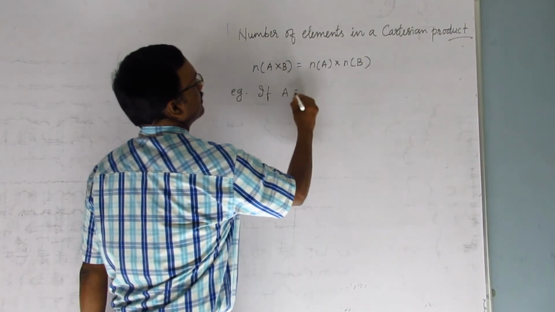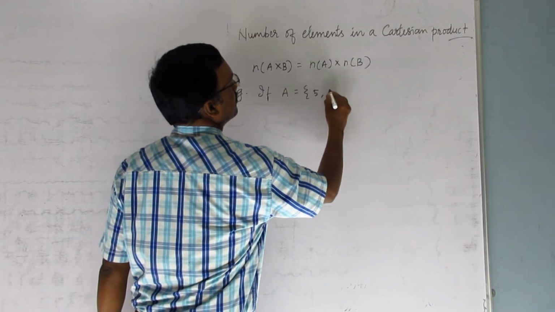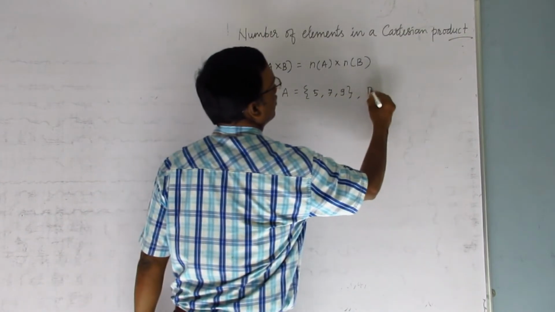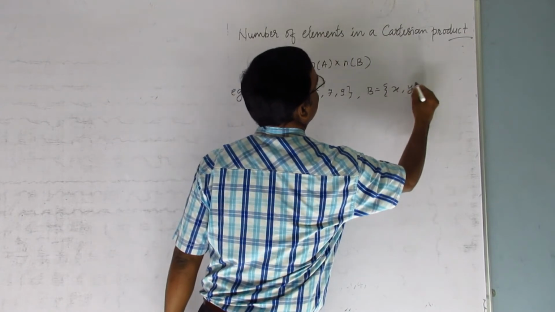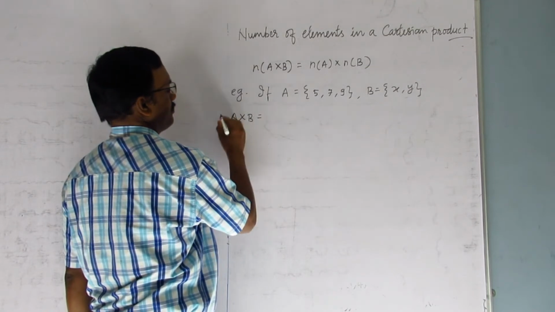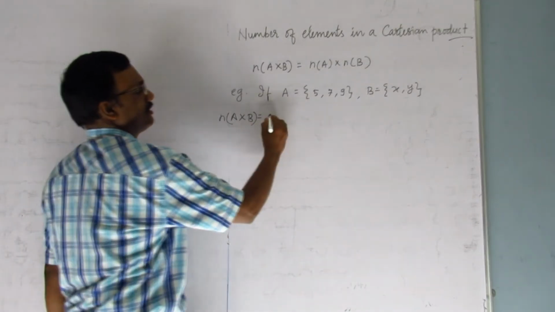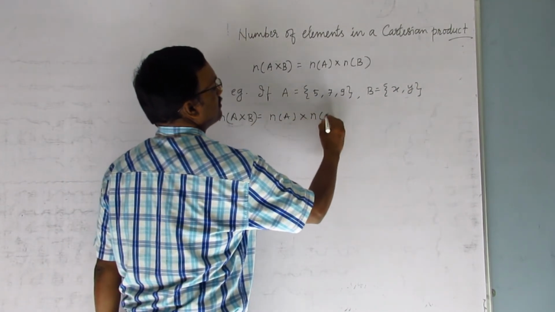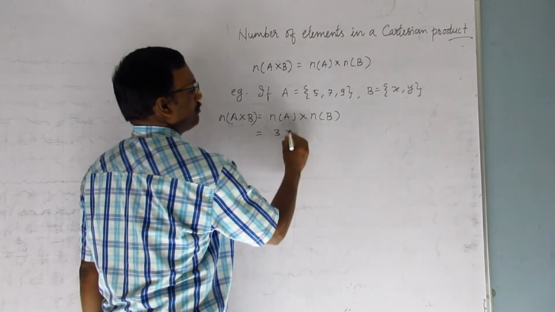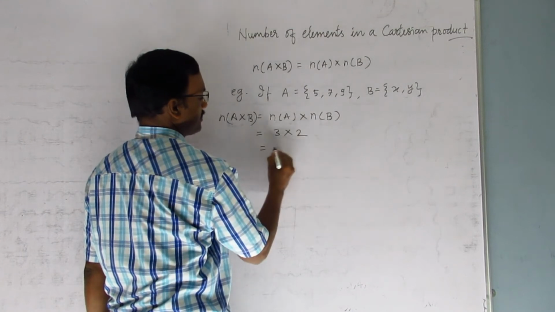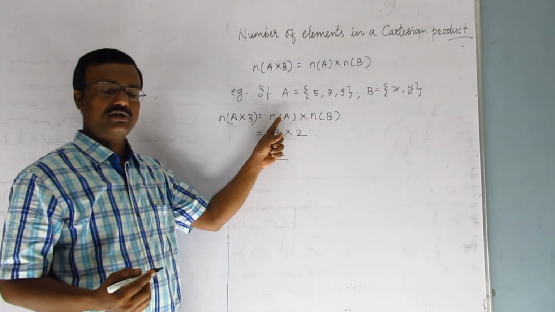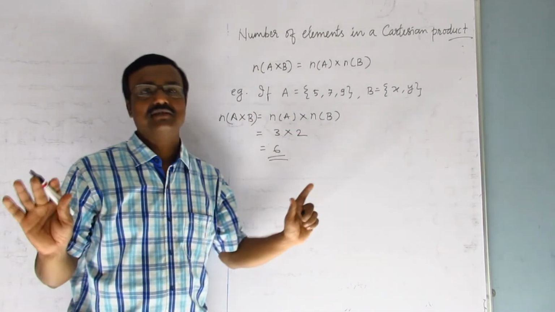If A contains elements 5, 7 and 9 and B is x, y, then number of elements in A cross B will be number of elements in A multiplied by number of elements in B. That means how many elements are there in A? There are 3 elements, multiplied by number of elements in B, 2, that is 6. So very simple, number of elements in Cartesian product A cross B is equal to number of elements in A multiplied by number of elements in B.